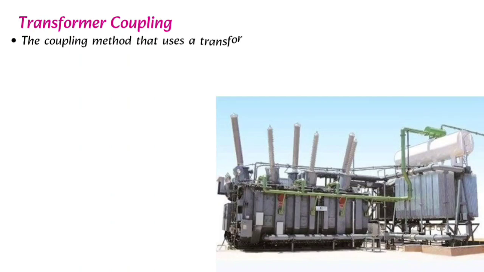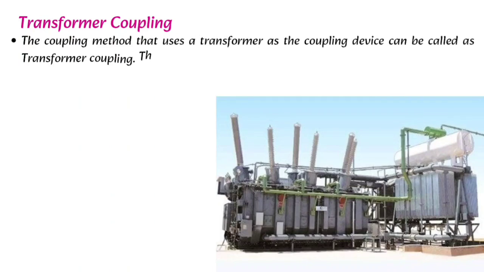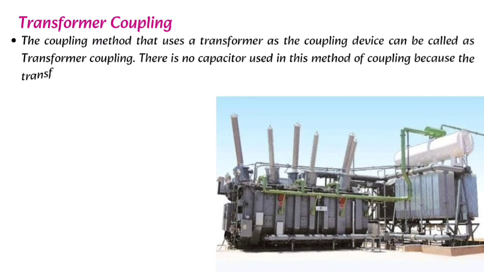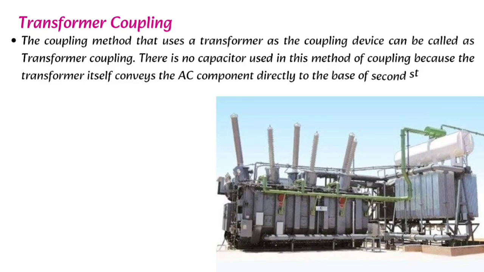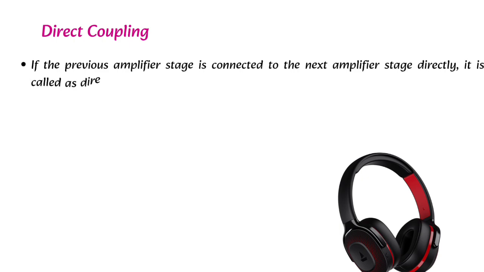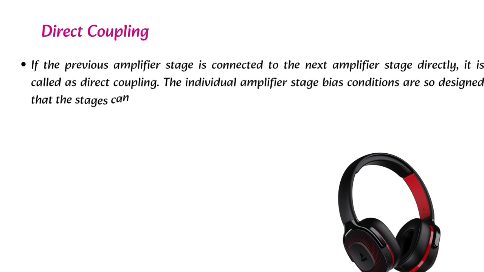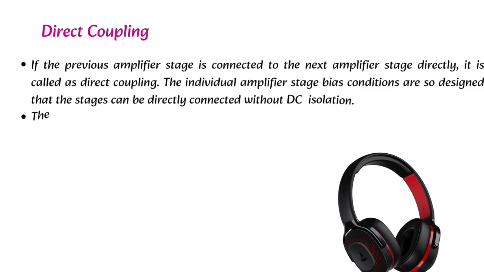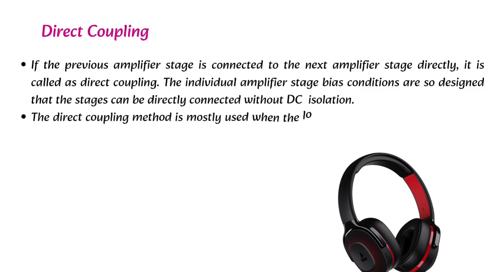Here the first stage output is connected to the input of the next stage by using the transformer. This type of coupling is called transformer coupling. Direct coupling, as the name itself says, means here we are not using any components to couple the first stage of the amplifier to the second stage. This type of coupling is called direct coupling.